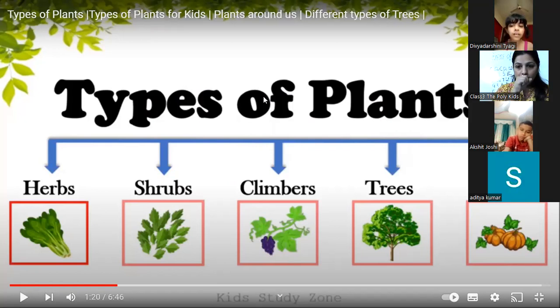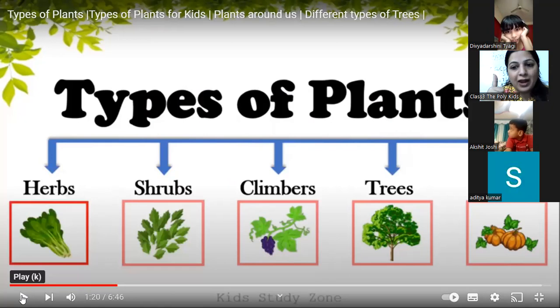Now we are seeing the different types. So there are herbs, shrubs, climbers, big trees, and creepers. Let's see what are herbs, shrubs, climbers, trees, and creepers in detail.